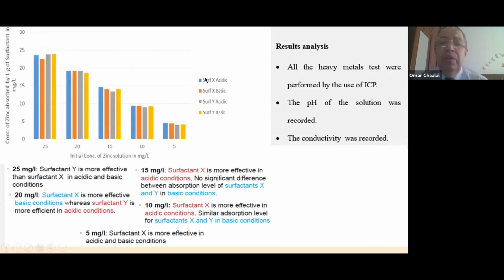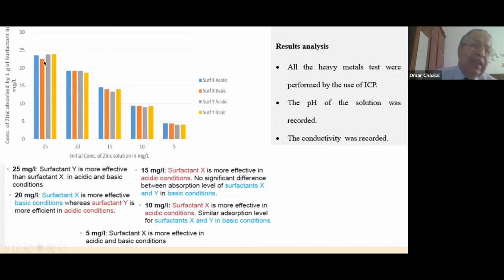The blue here is X in acidic, this in basic, and this one in acidic and basic, which is our surfactants X and Y. You can see the concentration here, the blue one, which is the acidic, and the basic, and we can see a difference here, that it works in the acidic phase.